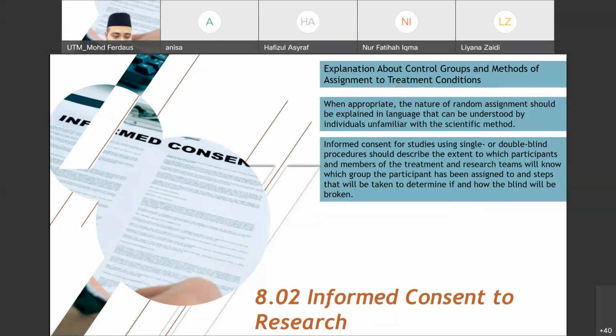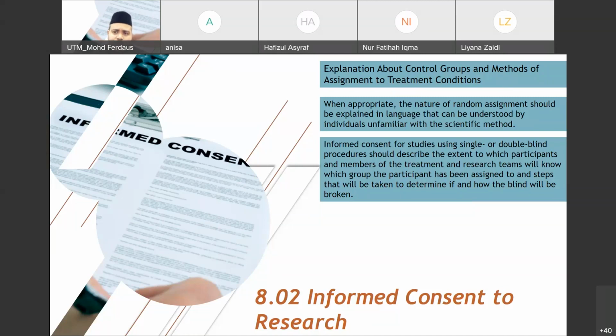So it's double blind. Both the receiver or participant of the experiment and the administrator of the experiment do not know whether they are giving the experimental condition or experimental substance, or they are giving placebo. So it's single blind and double blind.